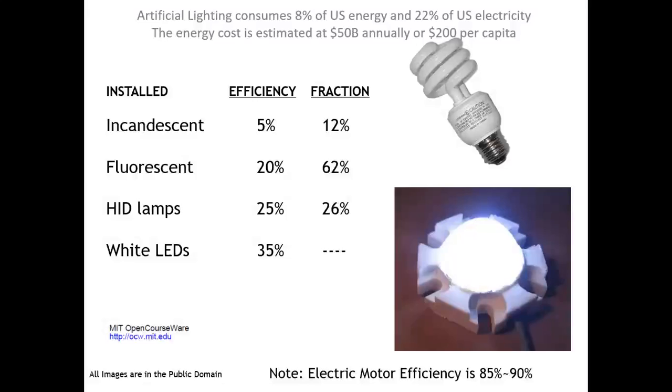Artificial light consumes about 8% of energy and 22% of the US electricity. The energy cost is estimated to be $50 billion annually, which is $200 per capita.